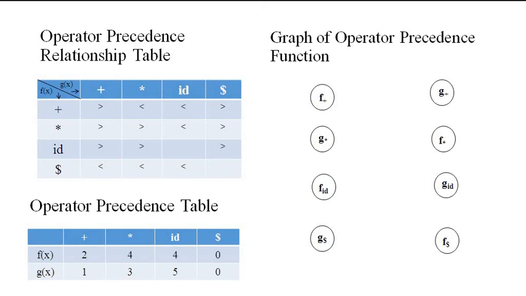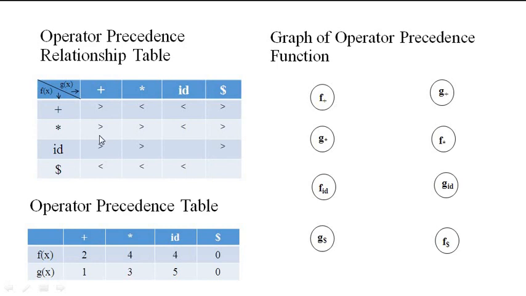Your first plus is always greater than the second plus. Like you have an equation a plus b plus c. In this equation, a plus b is always executed first. After that, the answer of a plus b is added with c. So plus and plus, the first plus is always greater.